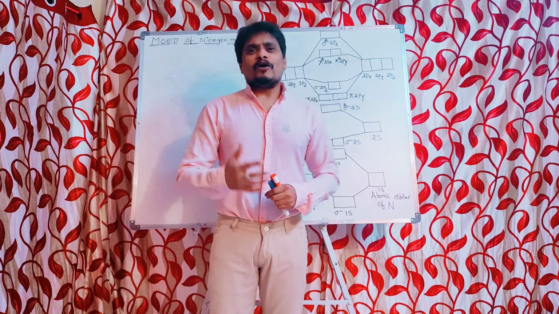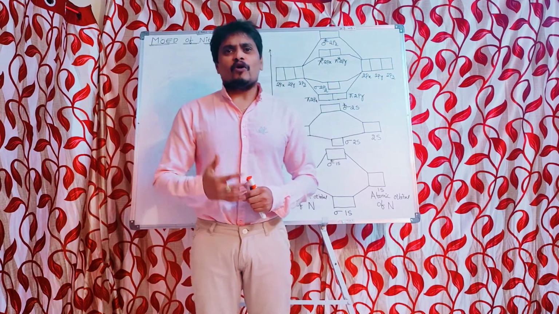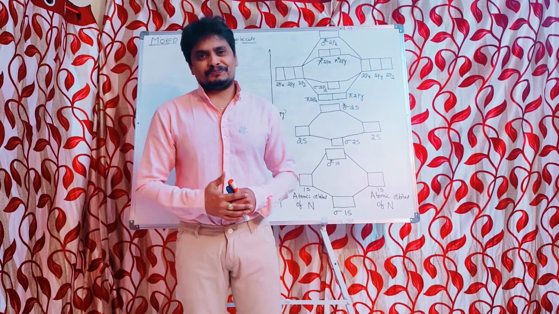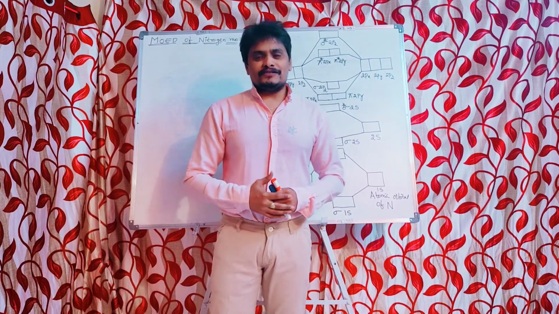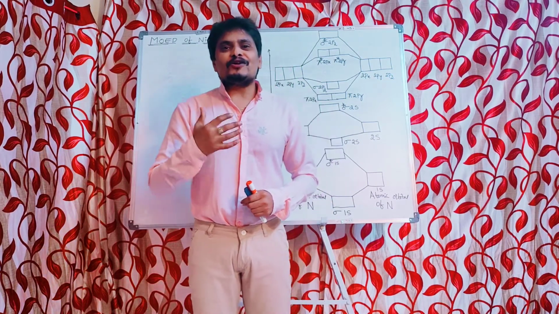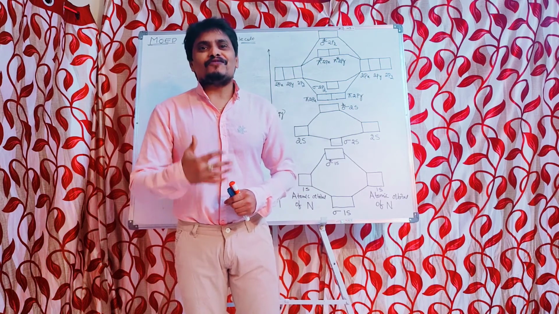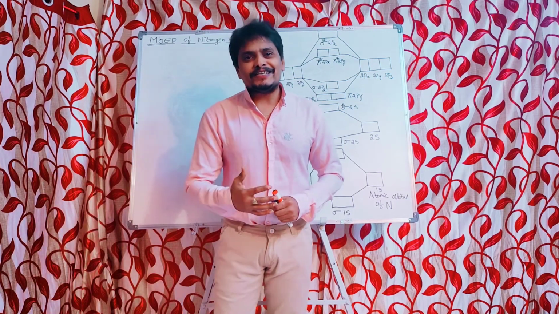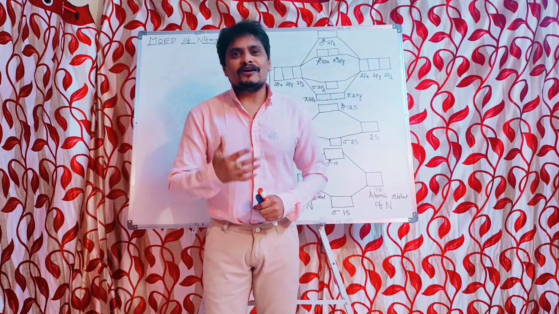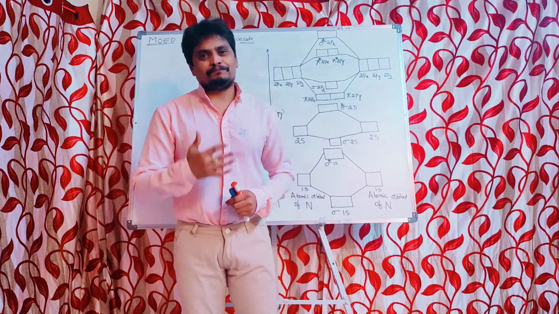The following are the purposes of drawing the molecular orbital energy diagram. The first purpose: making use of the molecular orbital energy diagram of the molecules, we can get the molecular orbital configuration of the molecule.